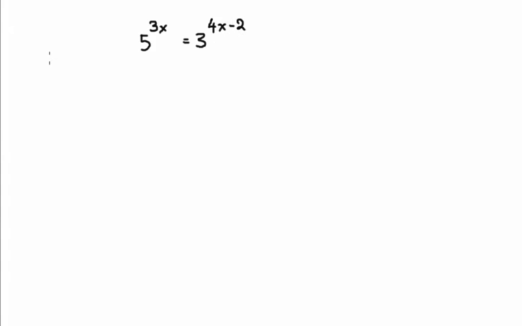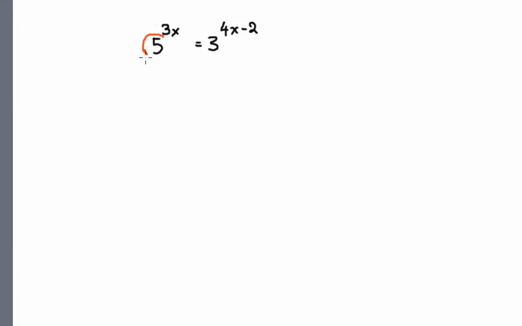What we should pay attention to right here is that the base on the left side of the equation is 5, and the base on the right side of the equation is 3. So this means that since the bases are not equal, the exponents will not be equal either.